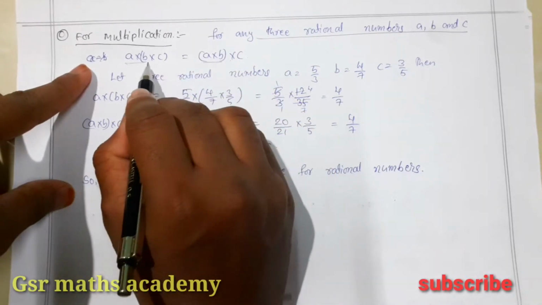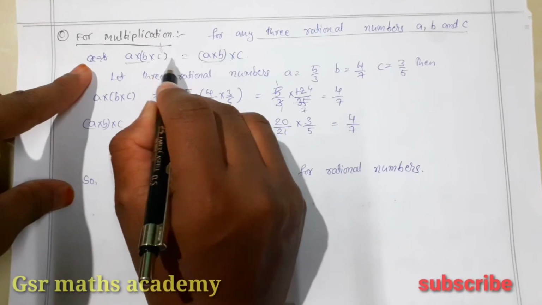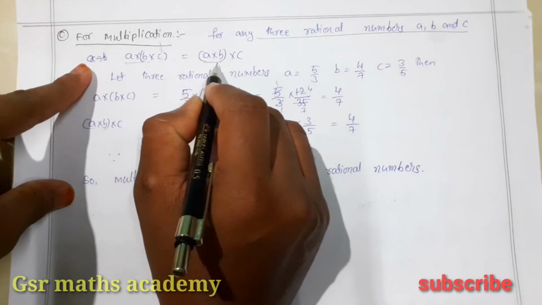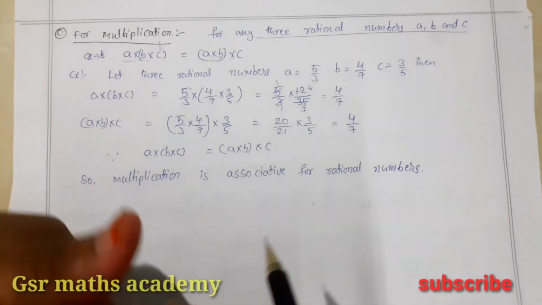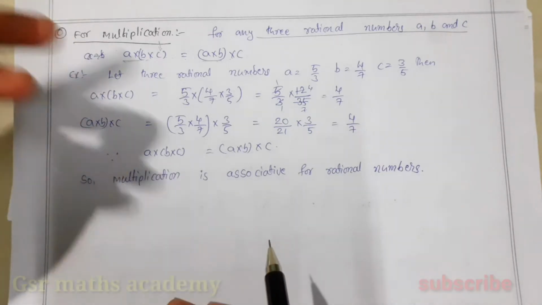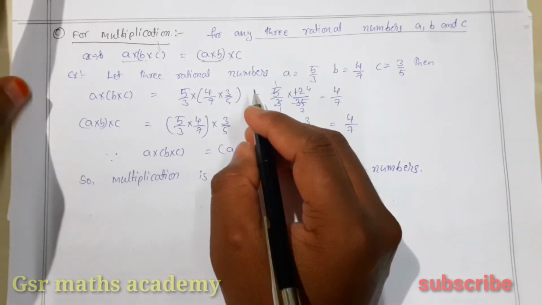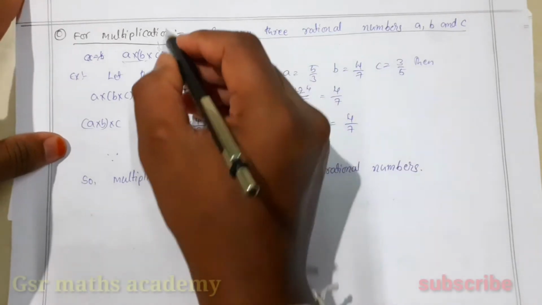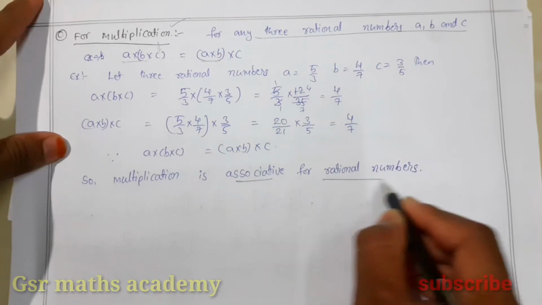That means if you change the grouping of the numbers while doing the multiplication, then also you get the same answer. That's why we say that the collection of rational numbers follows the associative property with respect to multiplication, or else multiplication is associative for rational numbers.